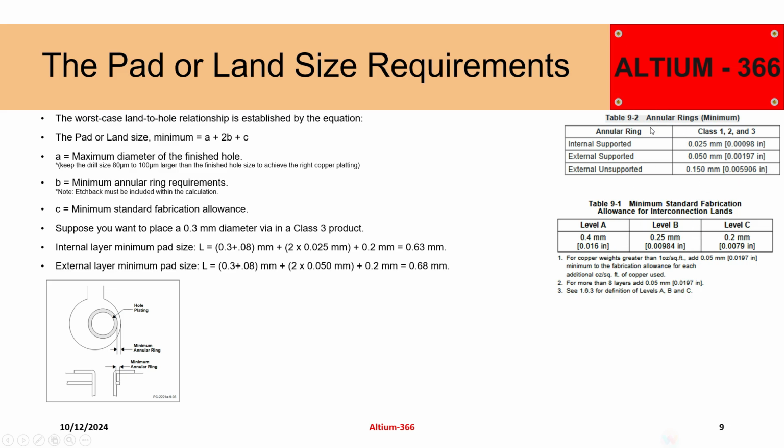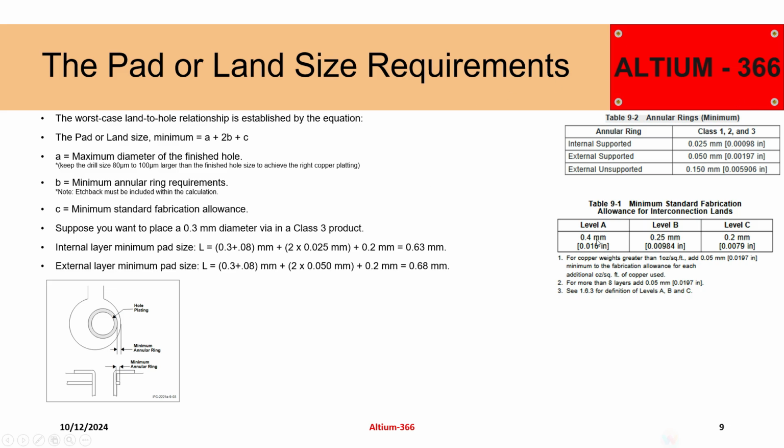These screenshots are from the IPC 2000 specifications. So level A is class 1, level B is class 2, and level C is class 3. You can see that for class 3 it's 200 micrometer tolerance for the fabrication or manufacturing allowance, which is minimum here, because those are the most precise PCBs or products.